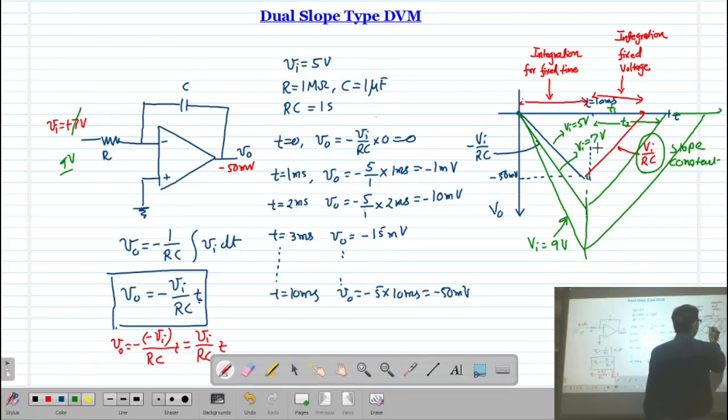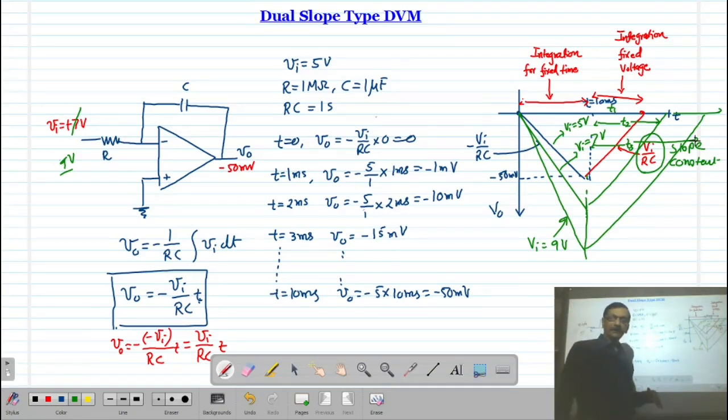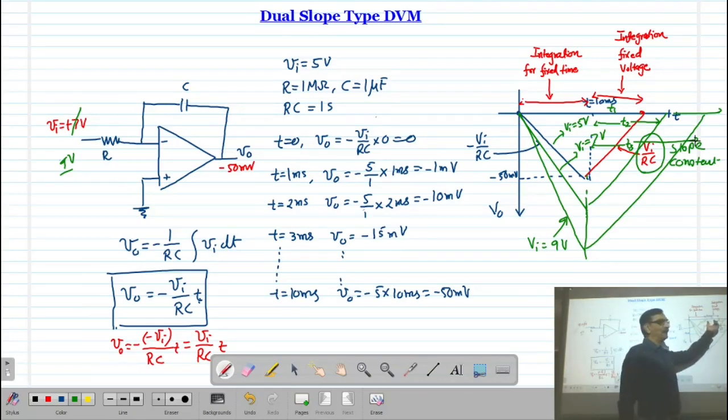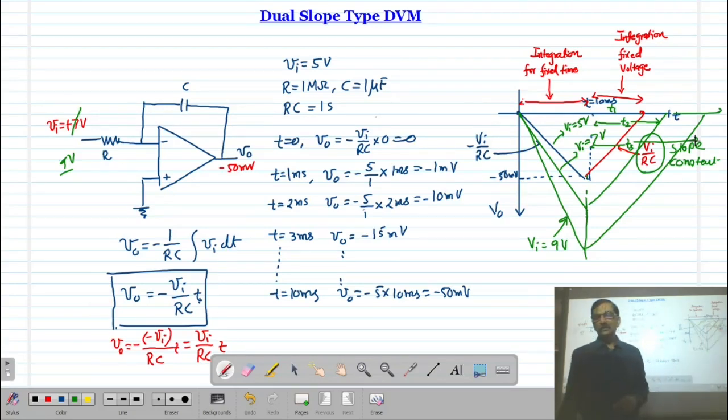If the input voltage is 9, then we have a time period of T3. Correct? So when it is discharging, the time period will be different for different input voltages. If the input voltage is less, this time period will be less. If the input voltage is large, this time period is going to be large.